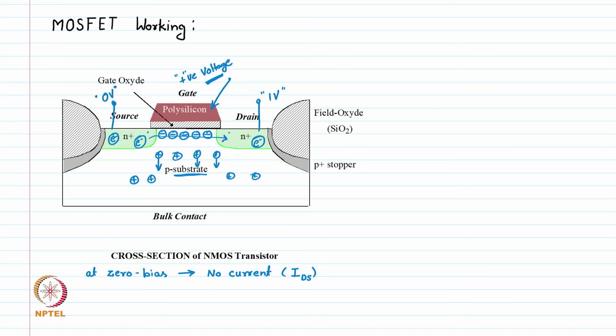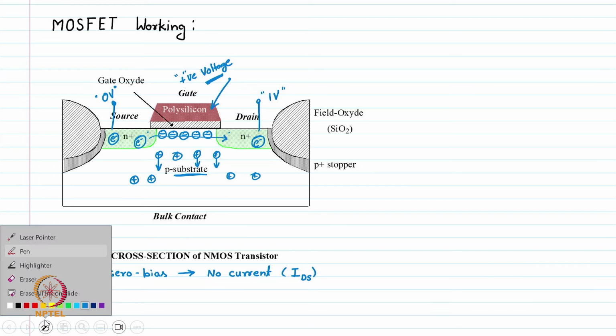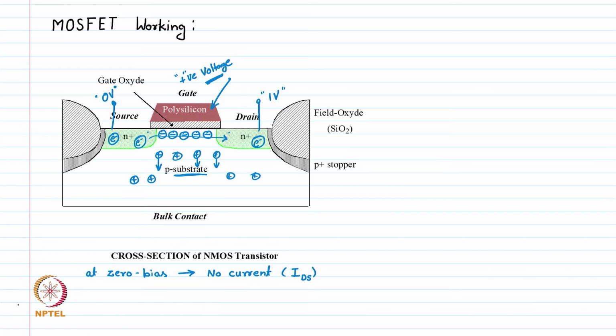If we plot the current versus the voltage I apply between source and the drain, the characteristic looks something like this. Let us see the ID versus VDS characteristic of this MOSFET.